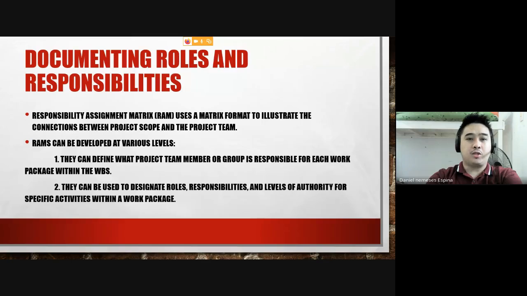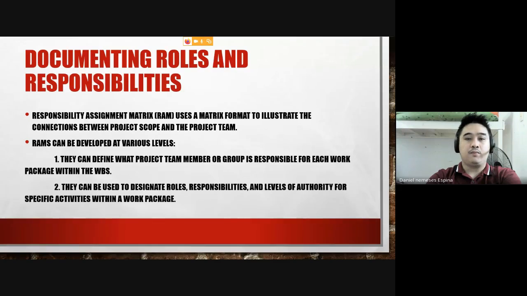The next step is to assign people who will do all those work packages. The RAMs can be developed at various levels, so they can define what project team member or group is responsible for each work.